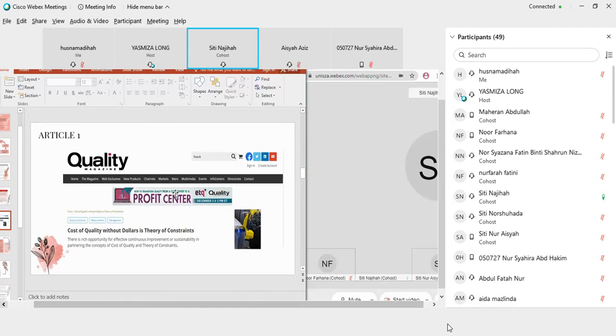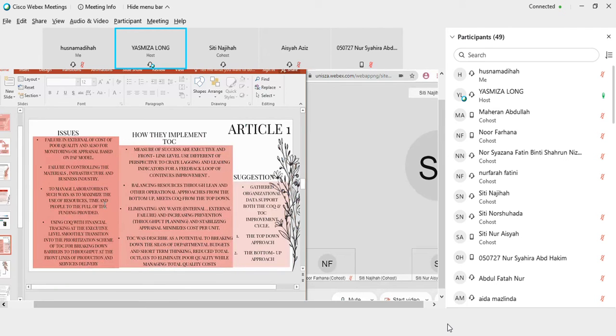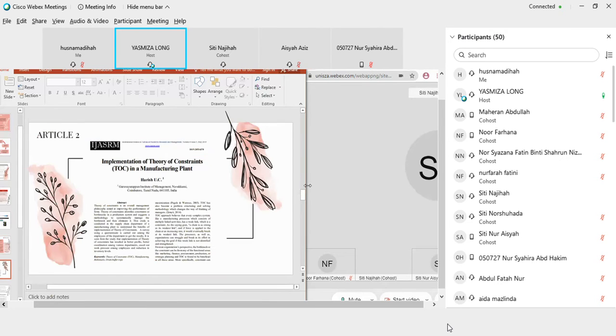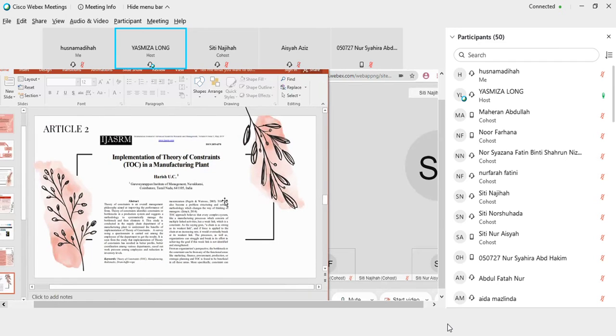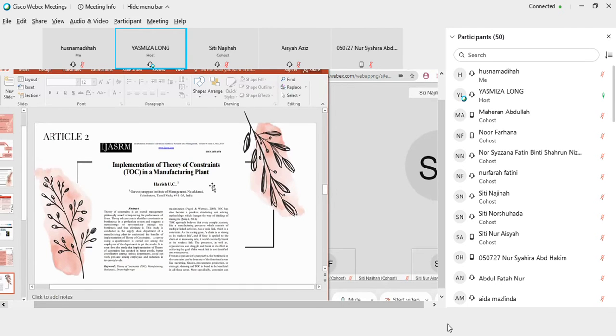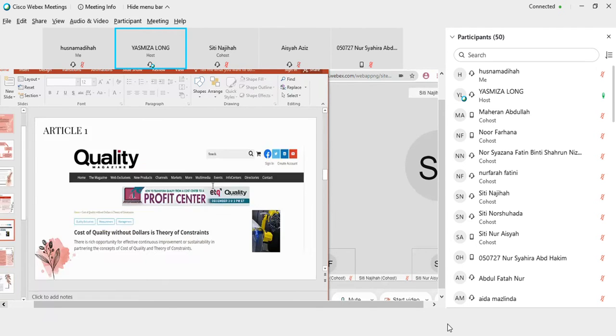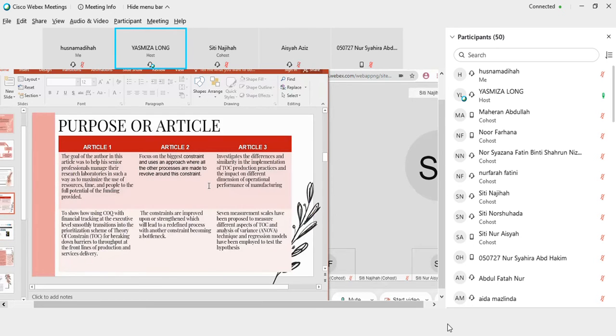Oh, I see. So, because it is just the title. Okay, about article 2, the issue is about the failures of controlling the raw material, right? Because article 1 talks about the failure in controlling the raw material.